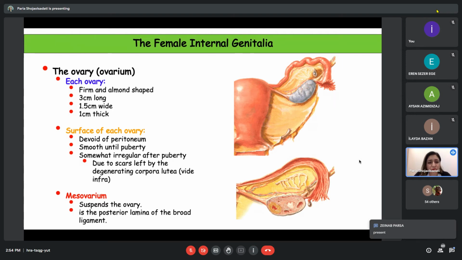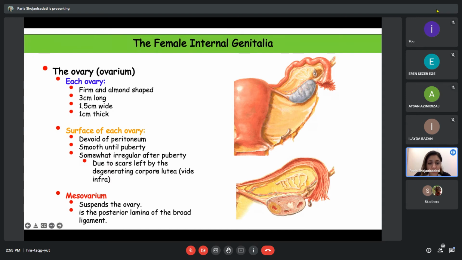The surface of each ovary is devoid of peritoneum, smooth until puberty, but after puberty, after the rupture of mature follicles releasing the ovum, it becomes different in mature or older females.